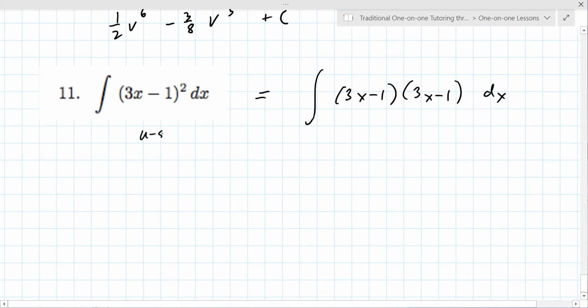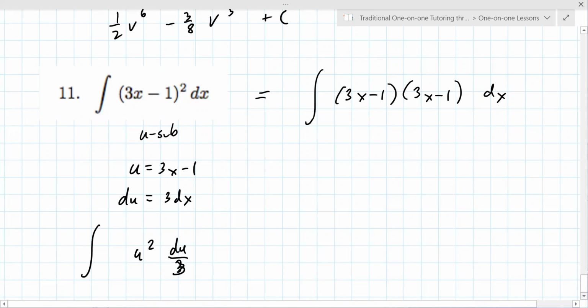It is a U-sub problem though. If I were to give a finished calculus student this problem, I would hope they would recognize this. But if you don't, that's okay. This is correct too. It's 2 ways to get to the same place. Your du is 3 dx, so it becomes the integral of u squared du over 3.